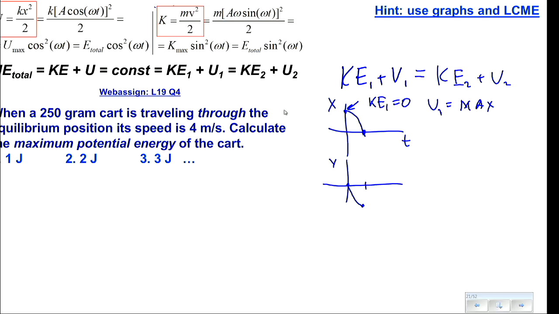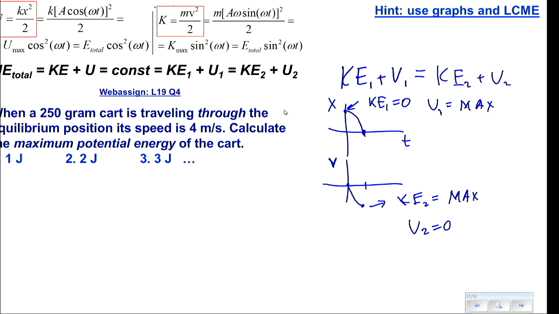Here, that's a V. Kinetic energy is max, but potential energy is 0.